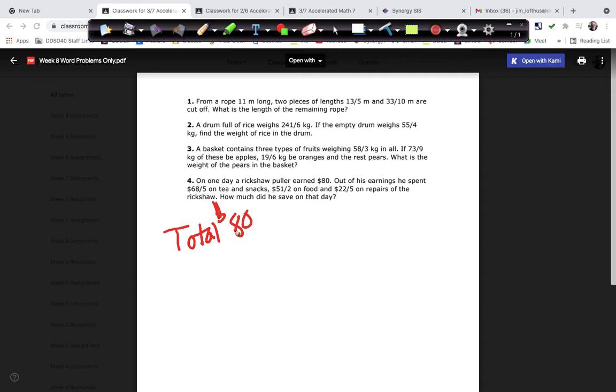Out of his earnings, he spent 68/5 on tea plus 51/2 on food and also 22/5 on repair. How much did he still have? How much did he save?